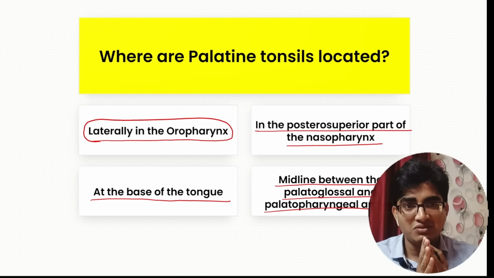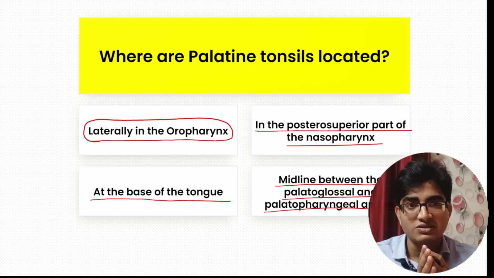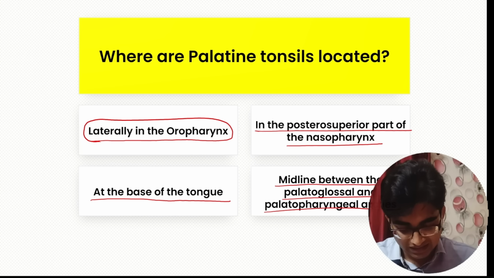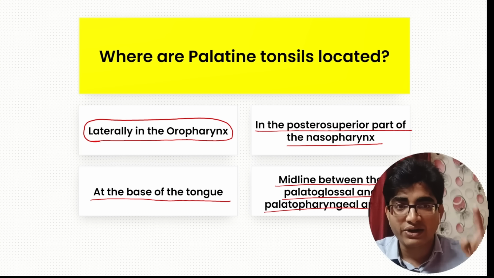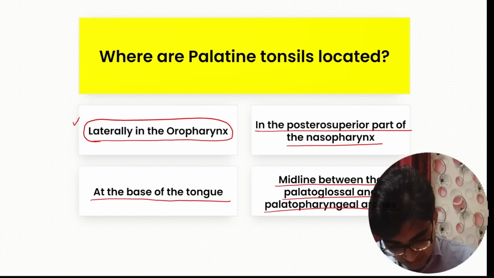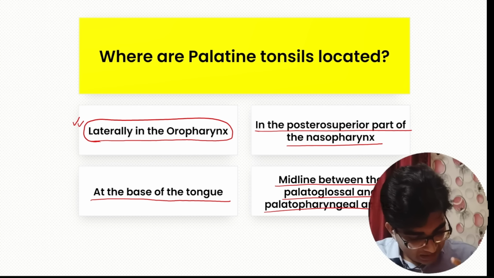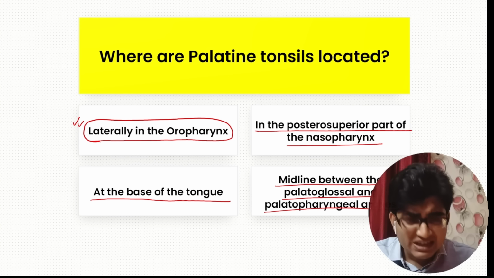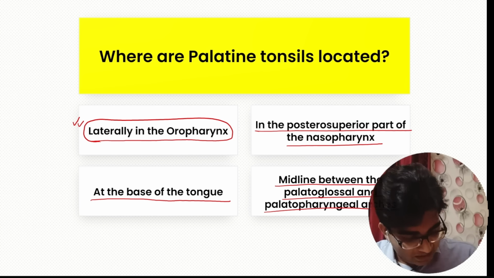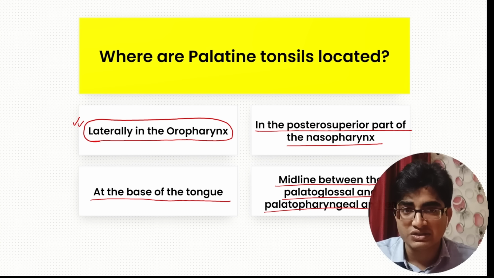So in these options there are two options, one stating that the palatine tonsils are located in the oropharynx laterally, that is the first option. Secondly, there is another option which says it is in between the palatoglossal and palatopharyngeal arches.